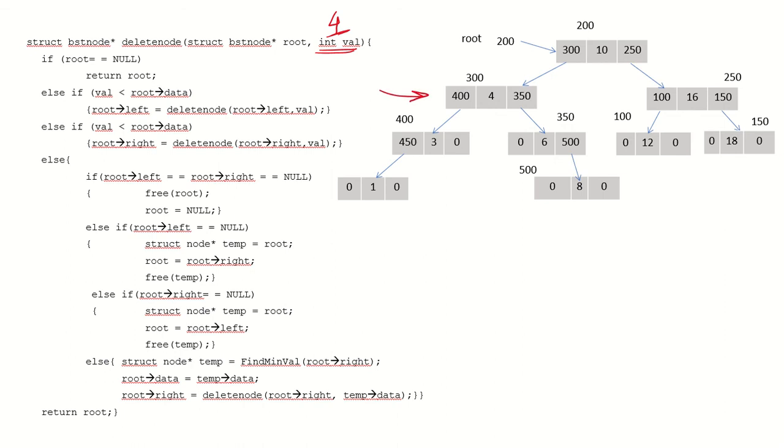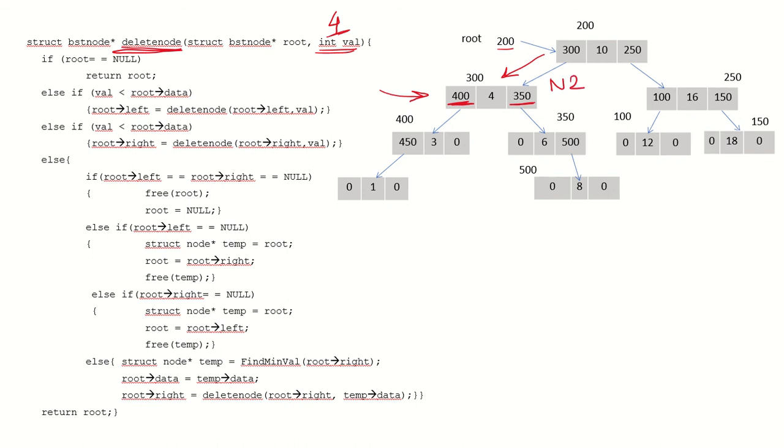This is this node, and we can see that this node has 2 children. The left subtree is being pointed to by the pointer 400 and the right subtree is being pointed to by the pointer 350. So if we start calling this function, from the root pointer we will reach this node.